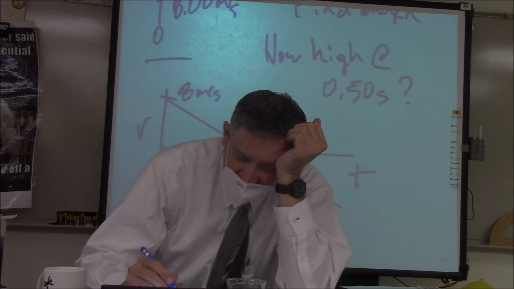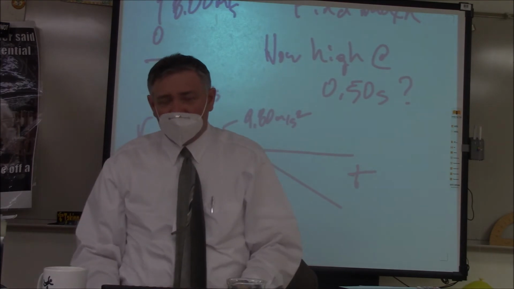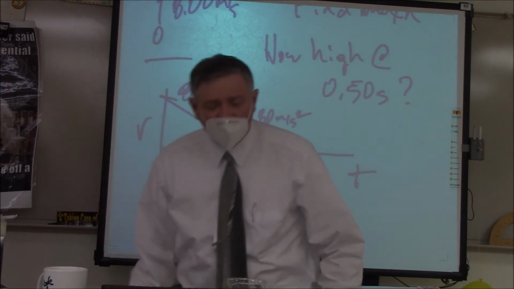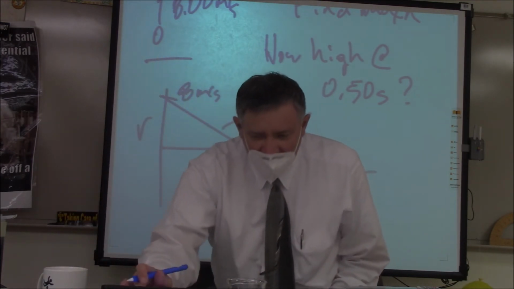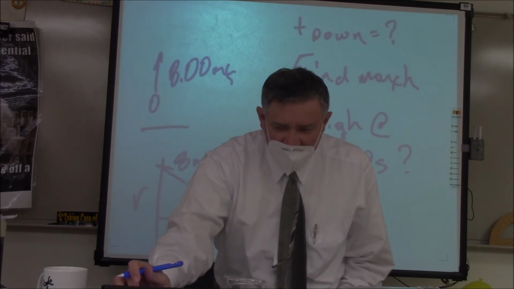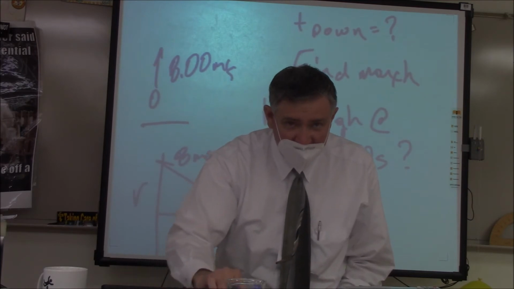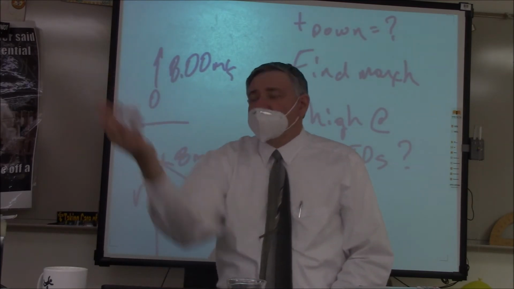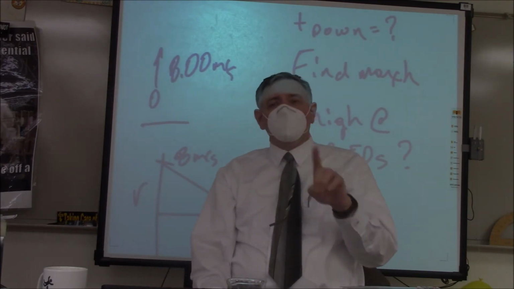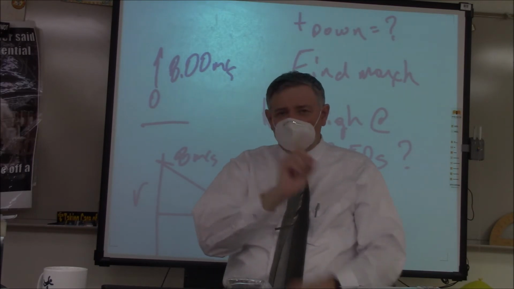Shivani, what's the slope of that line going to be? Negative 9.8 meters per second squared. Beautiful. Okay, got the slope of the line. Now, Karen, I want you to think very carefully before you answer this question. Is my time up, the time up, going to be bigger or smaller than 1 second?